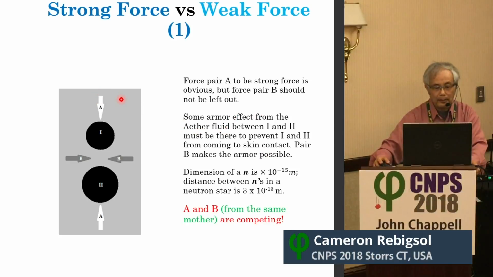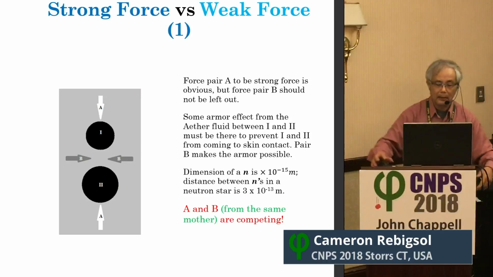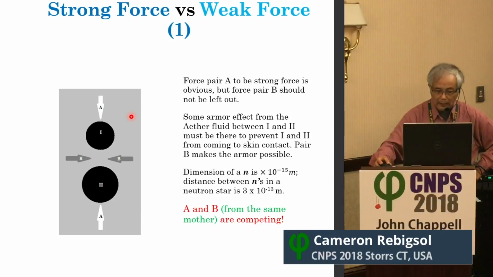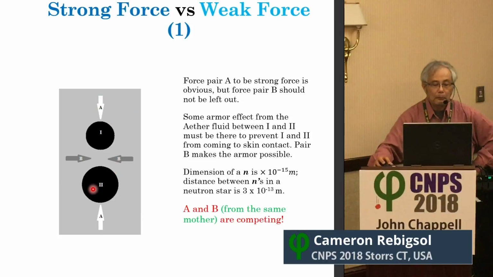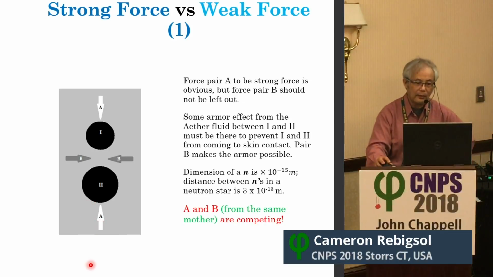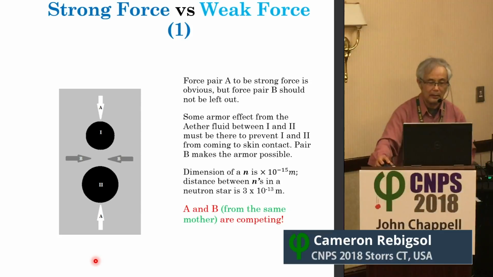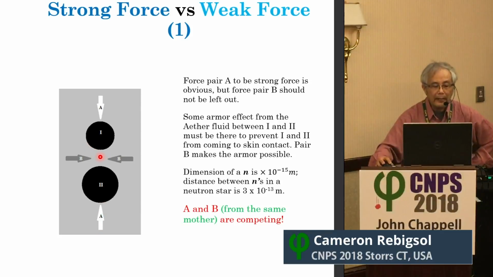Suppose the gray area is very big, and there are ether particles all full of it. Now, force pair A, the strong force, is obvious according to our previous analysis, and here is a certain thickness of armor layer of ether particles. Why can the armor of ether particles be formed?